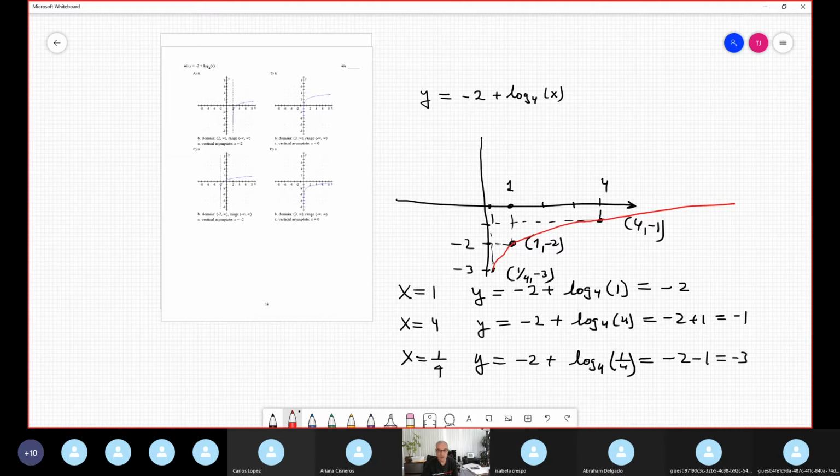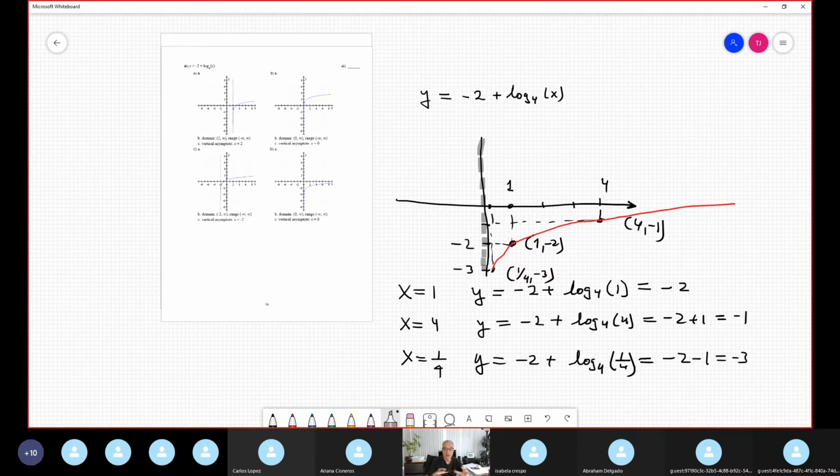Discontinuous. And here we have again the vertical asymptote. The vertical asymptote isn't affected by the vertical shift because the original logarithmic function has, you know very well, a vertical asymptote at x equals 0.